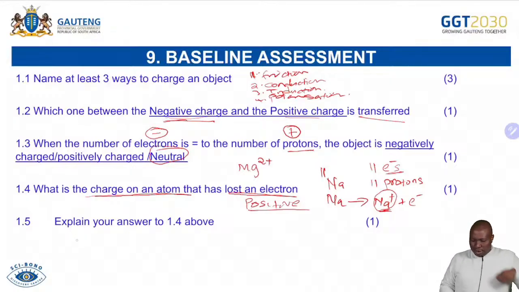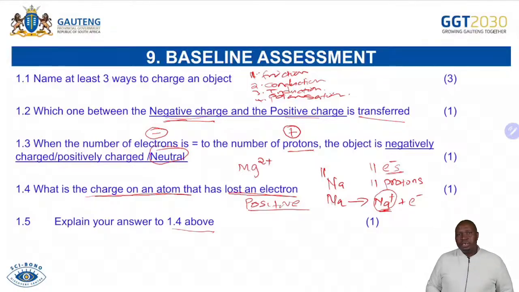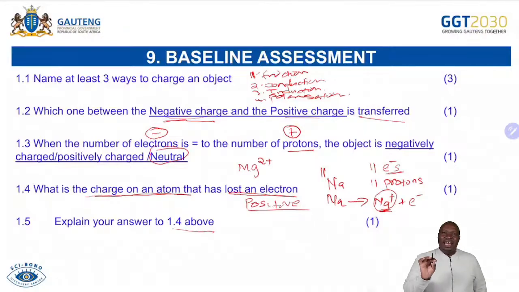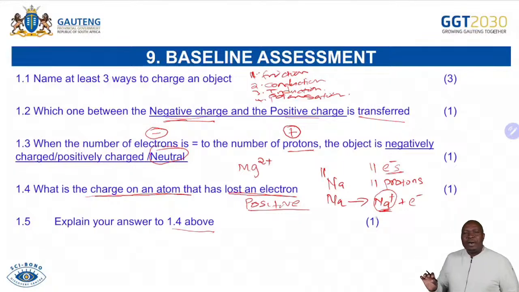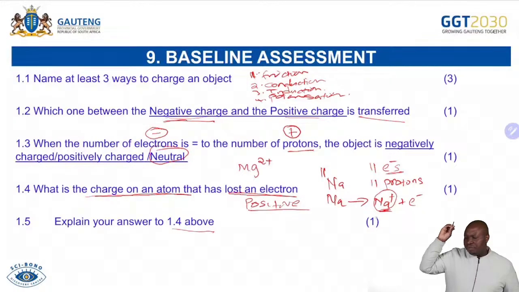And what I was doing, I was explaining the answer in 1.4 to say as an atom loses an electron, it becomes positively charged. I've demonstrated that in a neutral atom, we have an equal number of electrons and protons. But immediately we lose 1 or 2 or 3 electrons, then the atom will become positively charged.